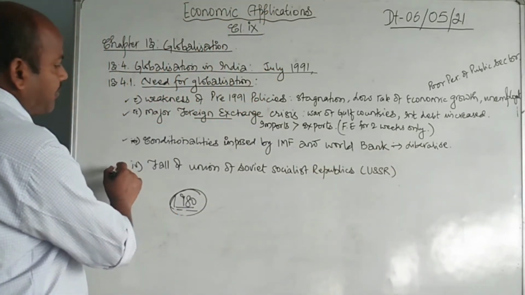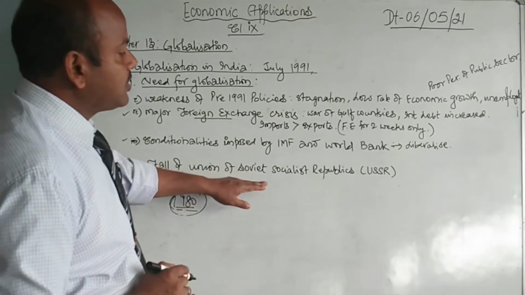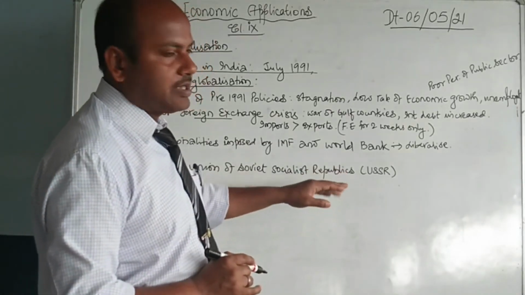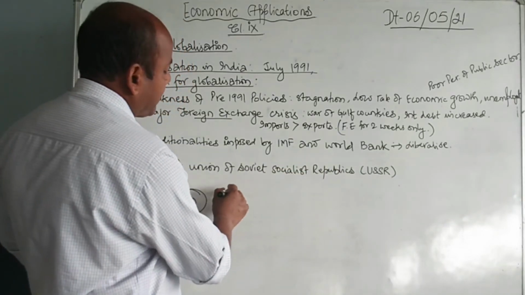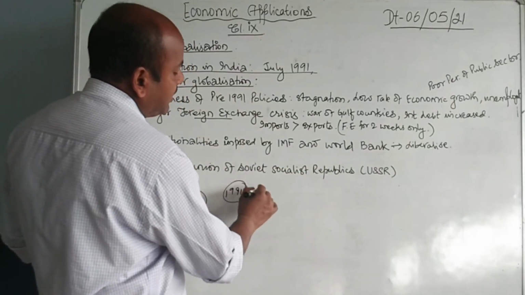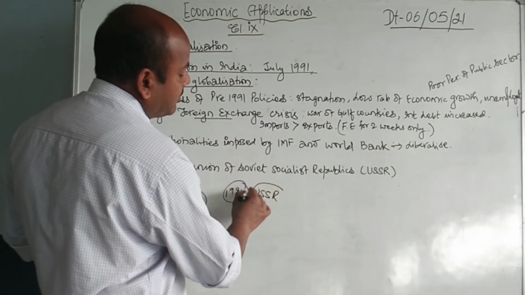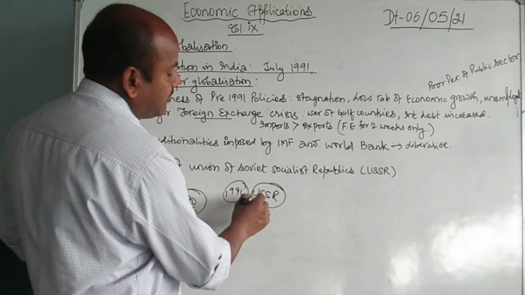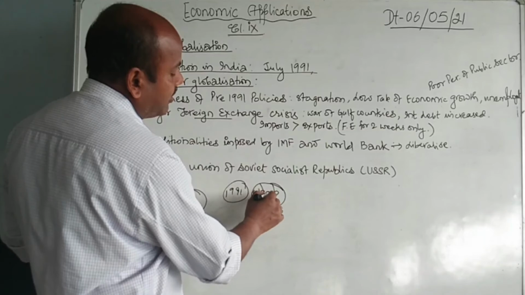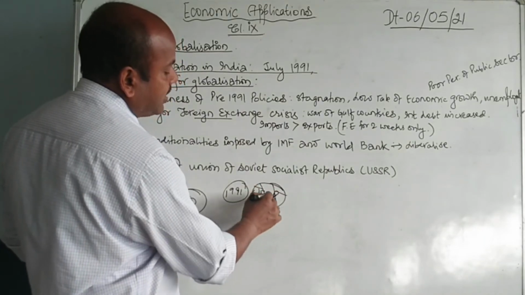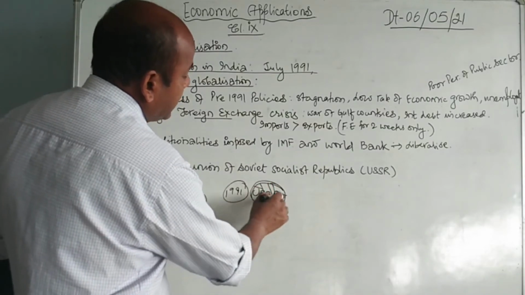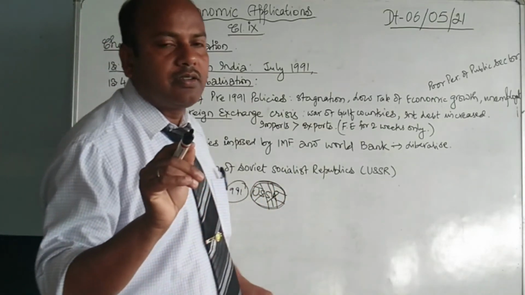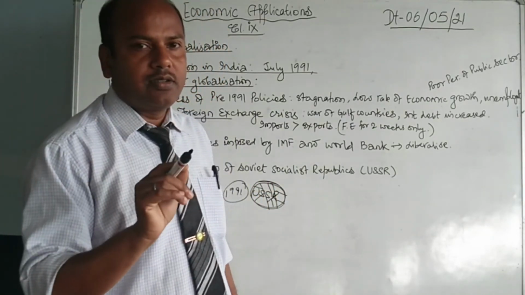And the last one is the fall of the Union of Soviet Socialist Republics, called USSR. What happened in 1991? This USSR was disintegrated. This was one republic, but it was fragmented into several. So several new republics were formed. This USSR was an important market for the consumer goods.